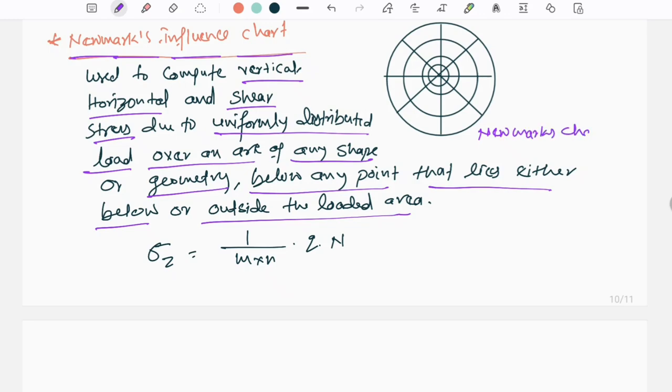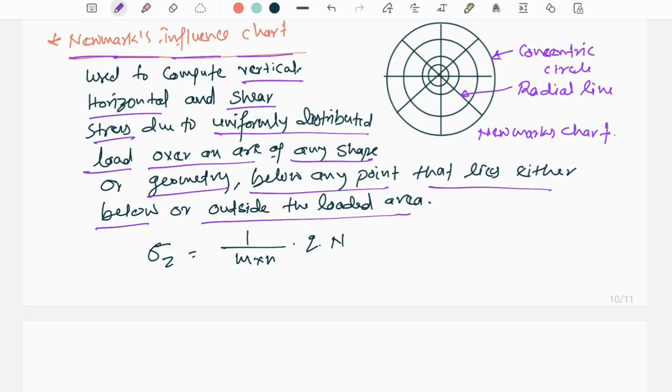Newmark's chart has concentric circles and radial lines. This chart is composed of many concentric circles and radial lines.